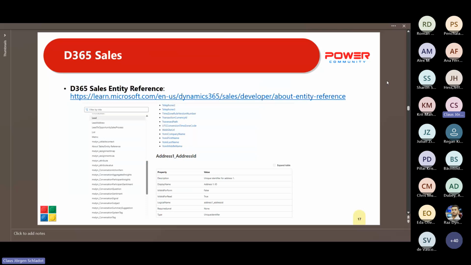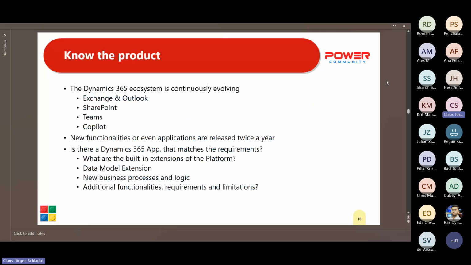So you can have a look at, for example, the sales entity reference, and you can see, okay, you have the lead table, and on this site you will see, okay, which columns are there, what are the specific configuration of each column. So character, is it a character column, which length does it have, etc. So it's really granular, and you get all the information about your data model at this point. It's at least for the Dynamics 365 data models.